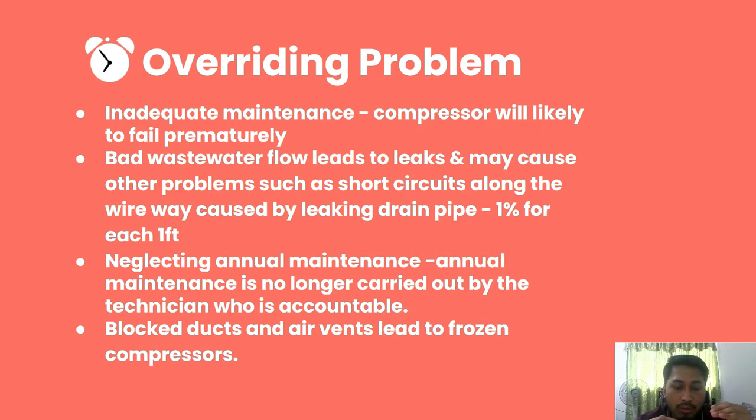We need to make sure the slope is going 1% for each 1 foot. And then neglecting annual maintenance: the technician must do an annual maintenance so that there are no major problems that they need to face, or it will cost a lot of money if the technician doesn't take it seriously.